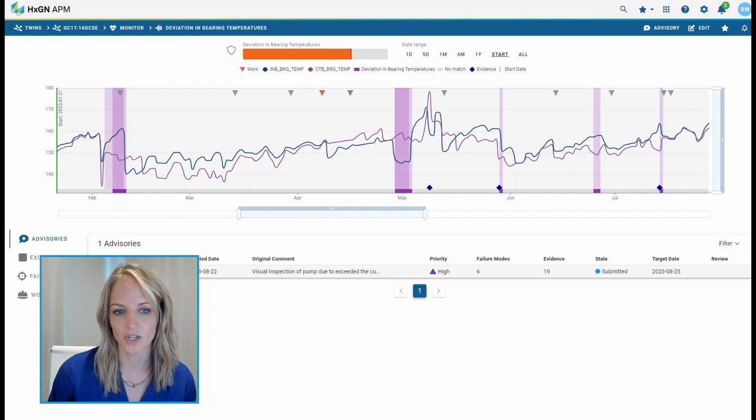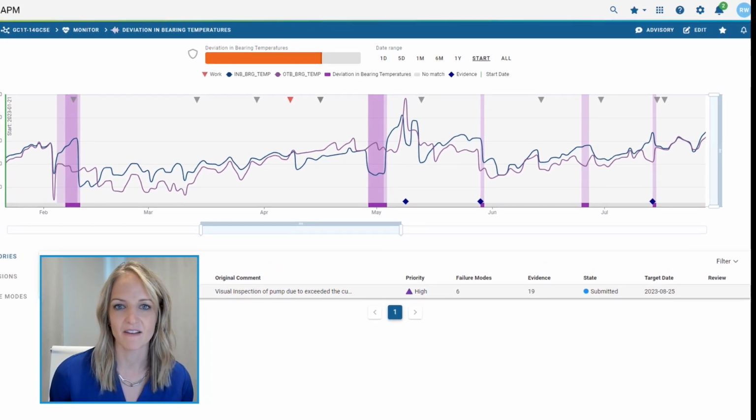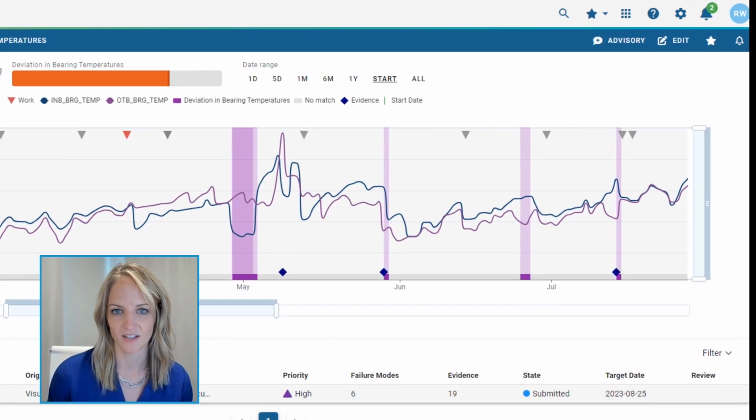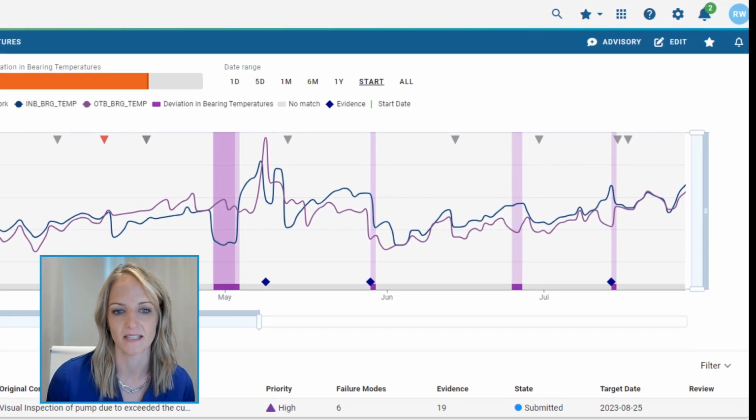So the purple shaded areas shown here represent these deviations and this condition that you want to detect. The analytic is set up such that when this condition is detected and for a given duration of time, an advisory is automatically generated and is represented in this chart by the blue diamond.